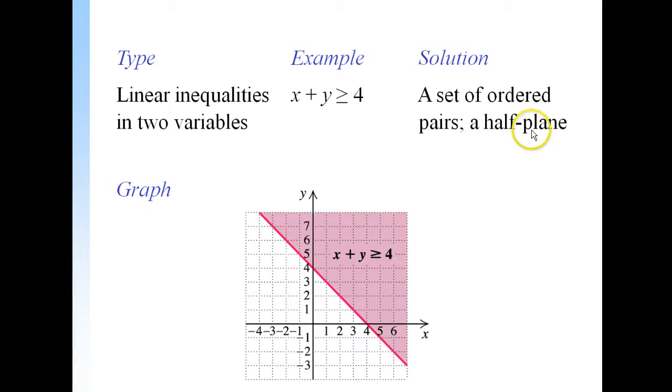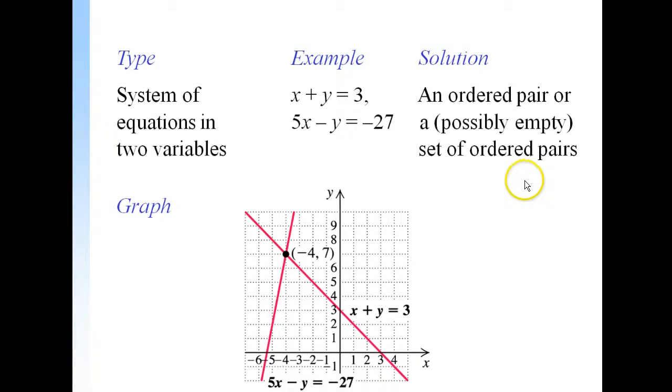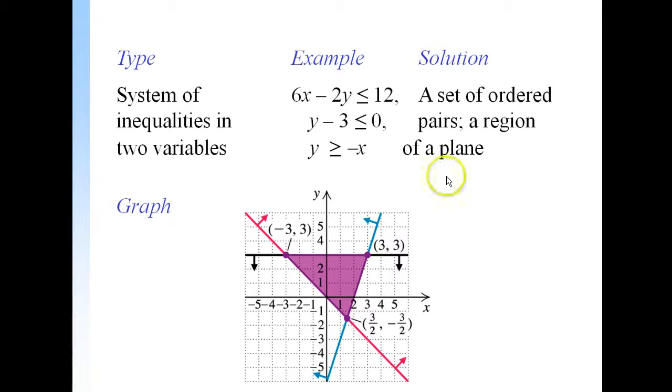Notice a positive y is greater, shaded above the line. And here's something from chapter 3 where we did system of equations, where we looked for intersection of those 2. That had a unique ordered pair, and one we just took a quick look at, where we had 3 inequalities, and the solution region is in the center, and we had ordered pairs that were solutions to all of them.